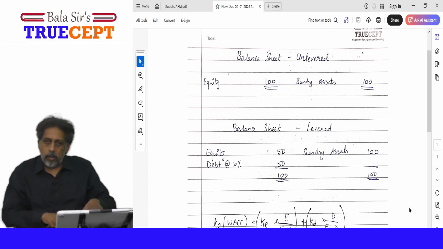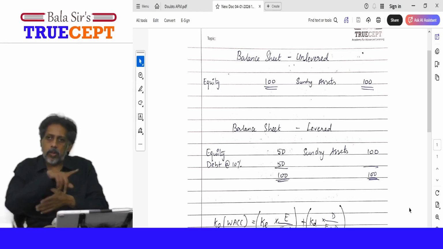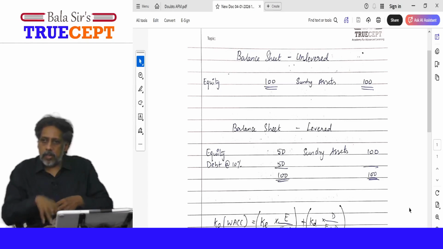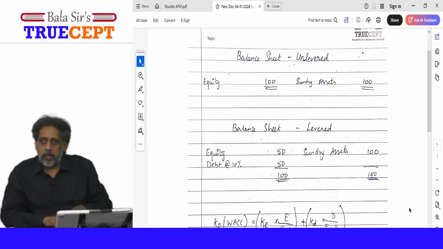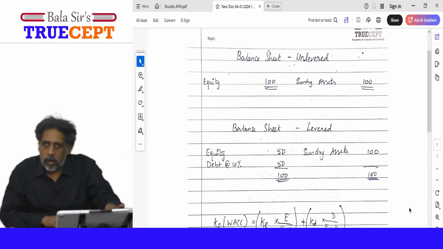But not all the 20 rupees will go to whom? Shareholders. The reason is, just see the balance sheet other side. Equity how much? 50 rupees. And debt how much? 50, and that carries 10% interest. Guys, take a calculator. What is 20% on 100? You will still earn rupees 20 on your funds employed.